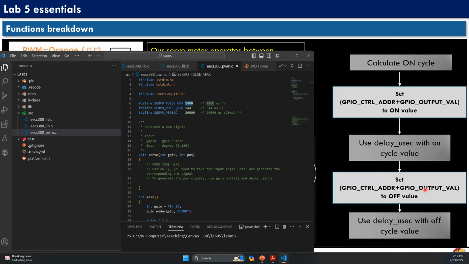So the GPIO pin is getting 1 for a certain amount of time and 0 for a certain amount of time, and this constructs a clock period readable by the servo motor, which can rotate the fan that way.